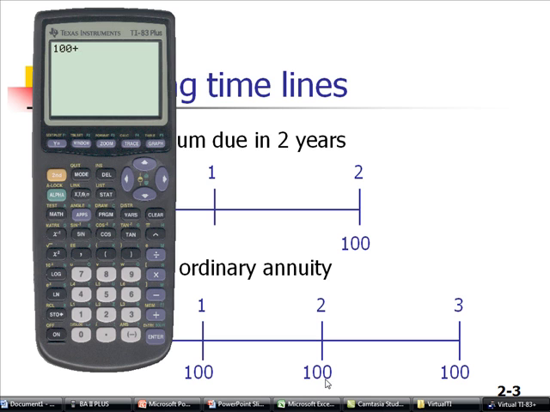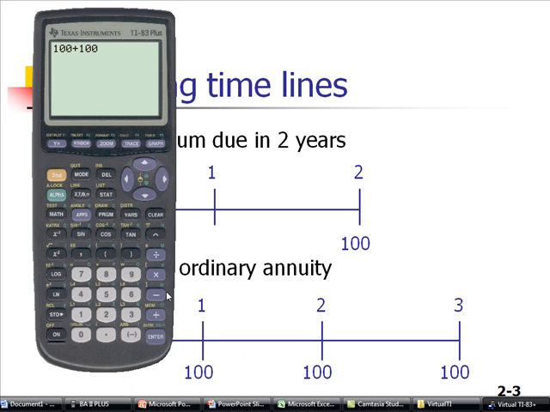Okay, what about this $100? Well, it has a year to grow at 10% and become a greater amount of money. So how much should it grow to? Let's find out. In this case, we are going to use our future value formula.